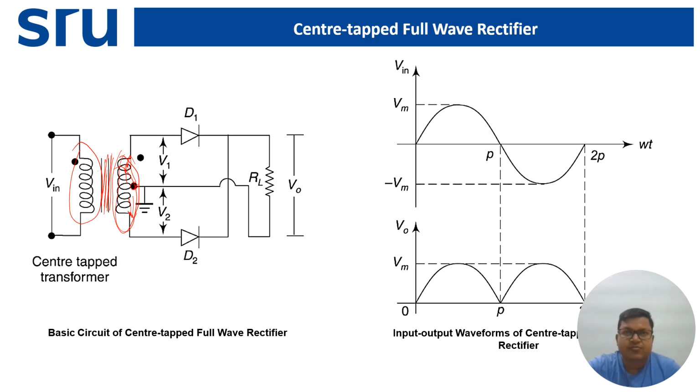So here we will see the first diode. Let's try to understand cycle-wise. When the positive cycle comes, this side becomes positive and the center here, not the lower portion, the center position, will be negative.